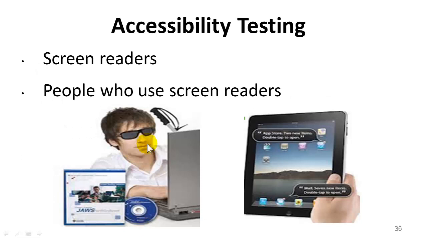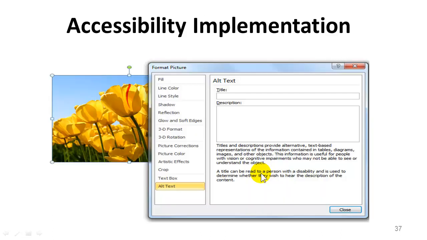So here we're looking at screen readers, which help visually impaired people to understand what's going on in the website. And you can actually simulate this. There are programs that will simulate what that's like for them so you can test. This is from Microsoft Word, but all word processors have this, where we actually can code in, for example, the alt text for our image here, because all electronic information needs to be accessible, not only web pages.